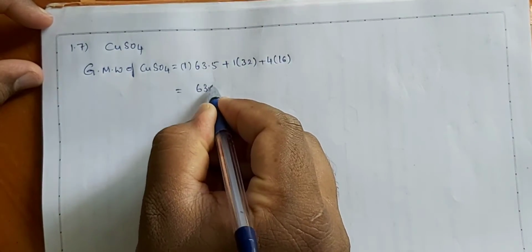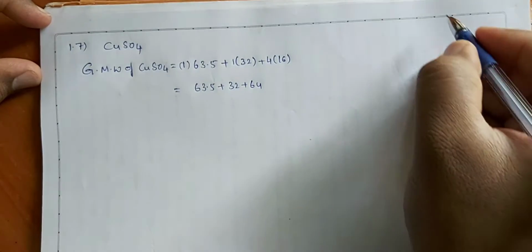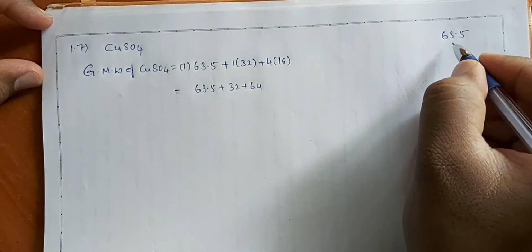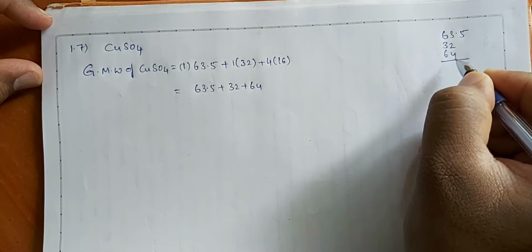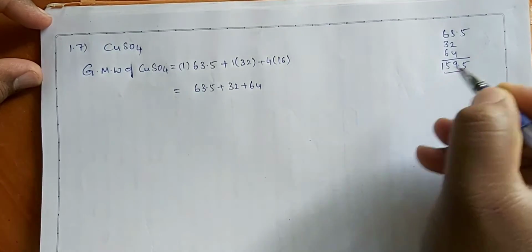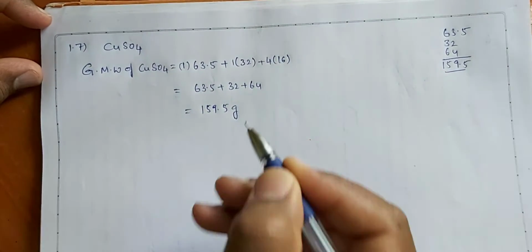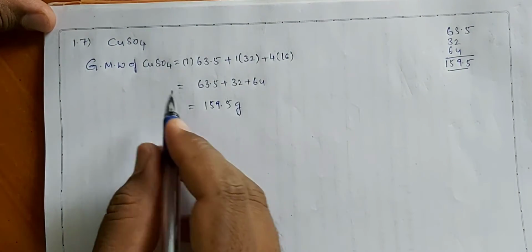This is equal to 63.5 plus 32 plus 64, which is 159.5 grams of copper sulfate.